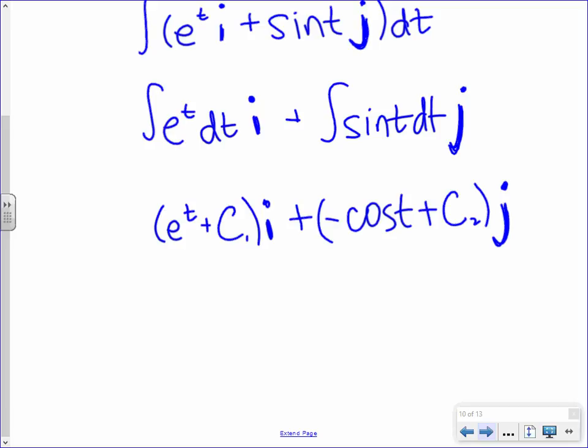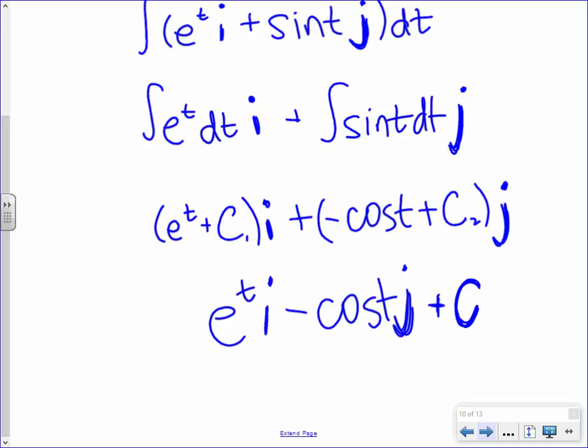So essentially what we have is e to the t i minus cosine of t j, and then notice how I have a constant times i plus a constant times j, so we are going to be adding a constant vector. So we still have that plus c, it's just plus c as a vector. Does that make sense?